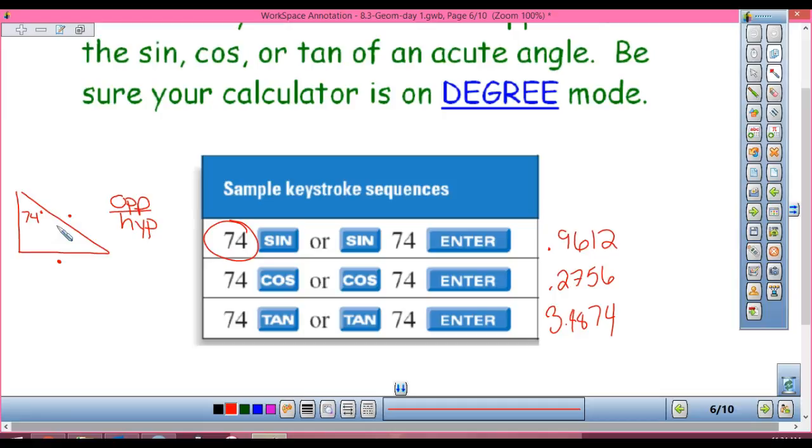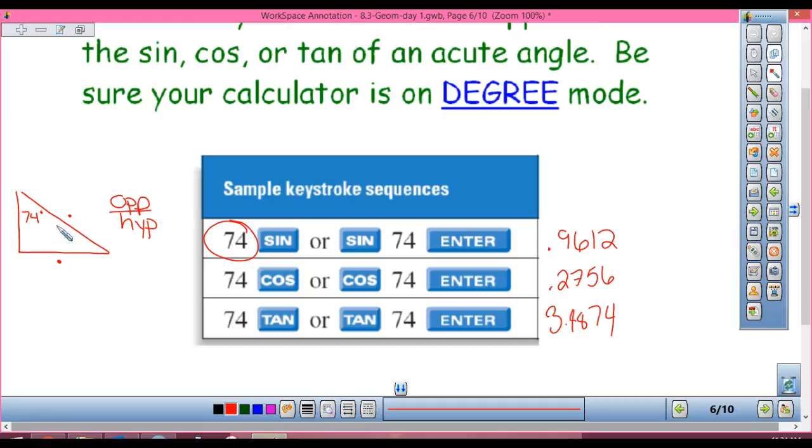If I have a 74 degree angle, my adjacent divided by my hypotenuse is always going to be, what's it going to be? 0.2756. And my opposite divided by my adjacent is always going to be 3.4874.